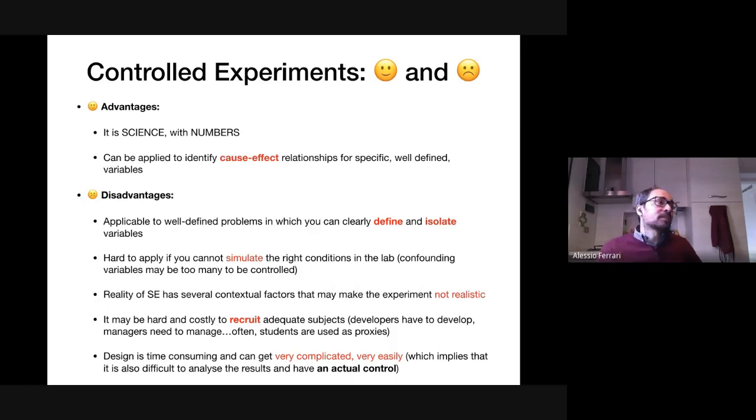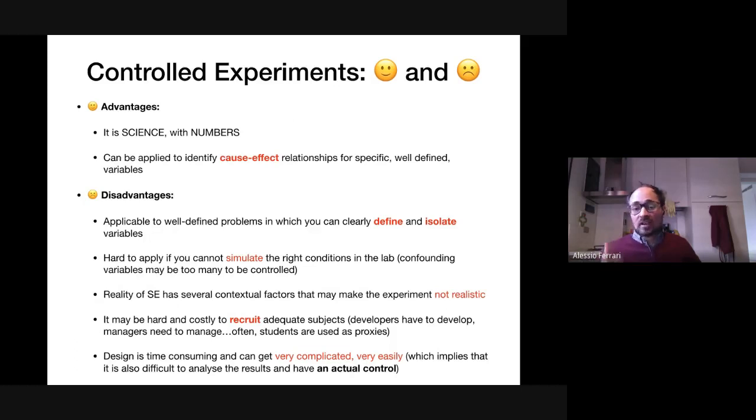They are used as proxies when you want to test, for example, a new methodology or a new tool that you are proposing for software engineers. But they are used because it's easier to involve students, and it is less costly to recruit them because you may pay them a little money or a little reward, a thing that is always important to give in an experiment. You always have to think, hey, but this person, why is she or he coming to the experiment?